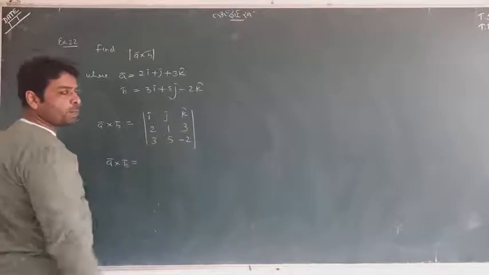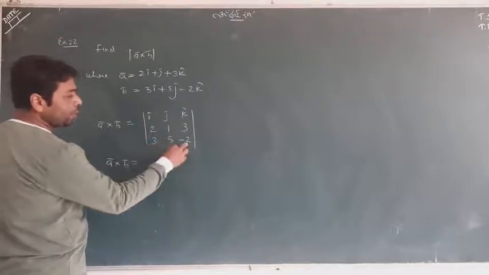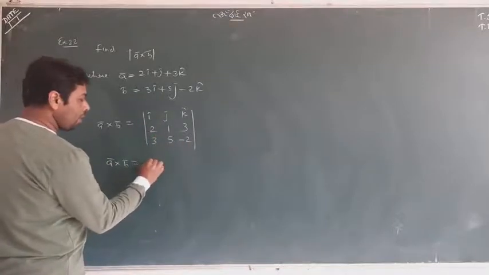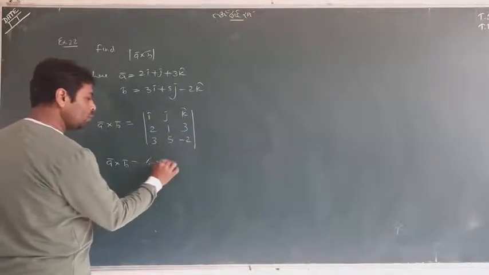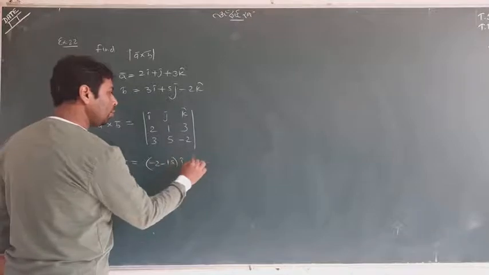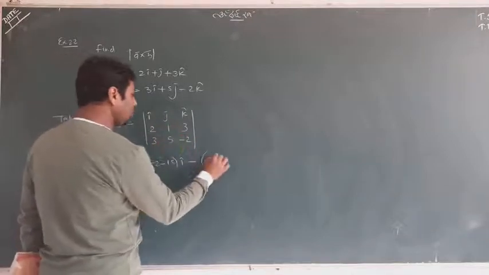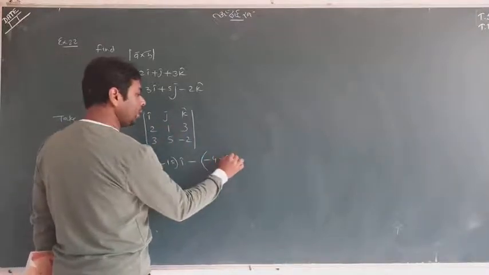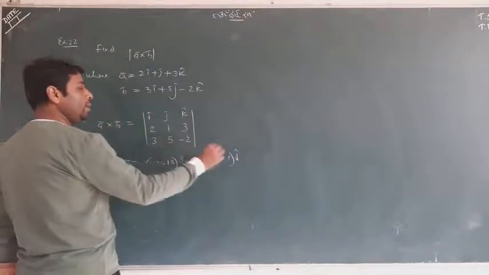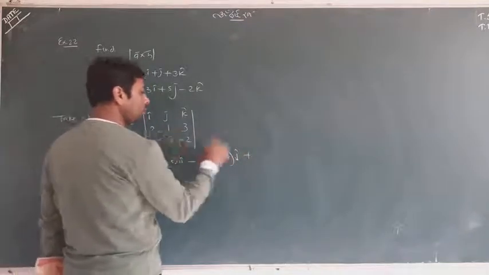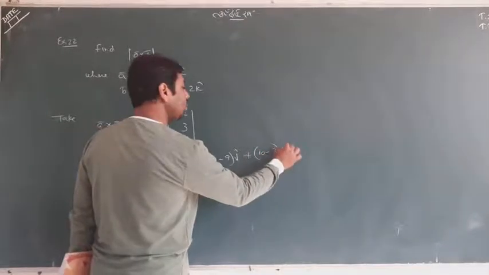You know how to open a determinant. I times minus 2 minus 15, minus j times minus 4 minus 9, and lastly plus k times 10 minus 3.